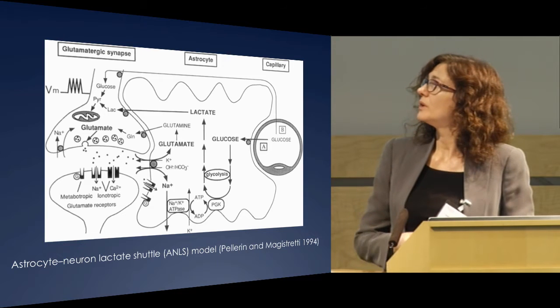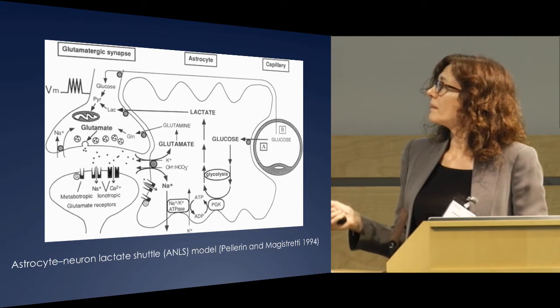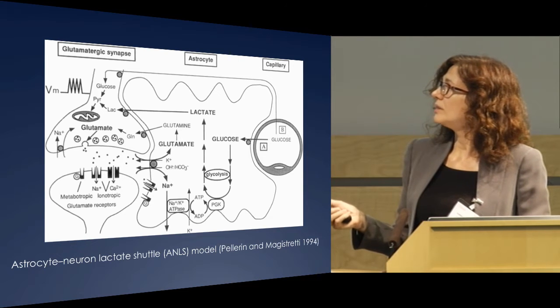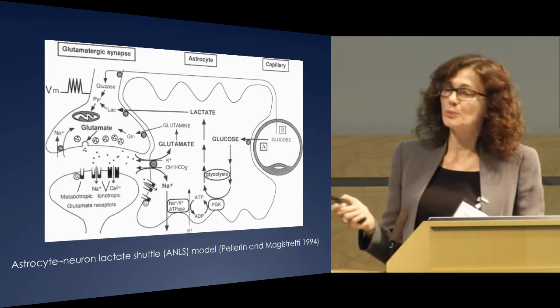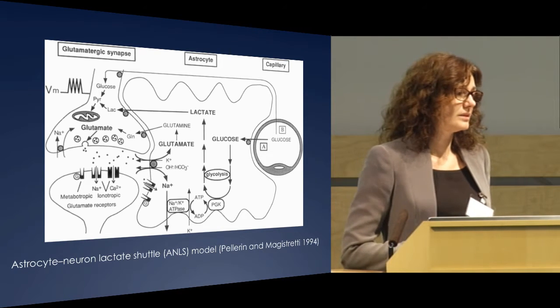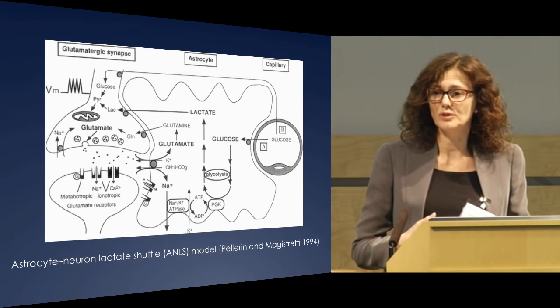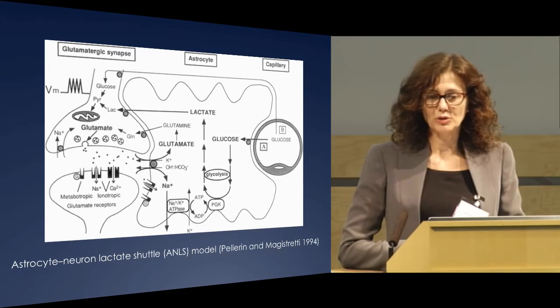Glucose taken up by astrocytes is going to be broken down through glycolysis into lactate, and lactate transported into neurons is going to supply the energy and other things necessary for the neurons to process the information.